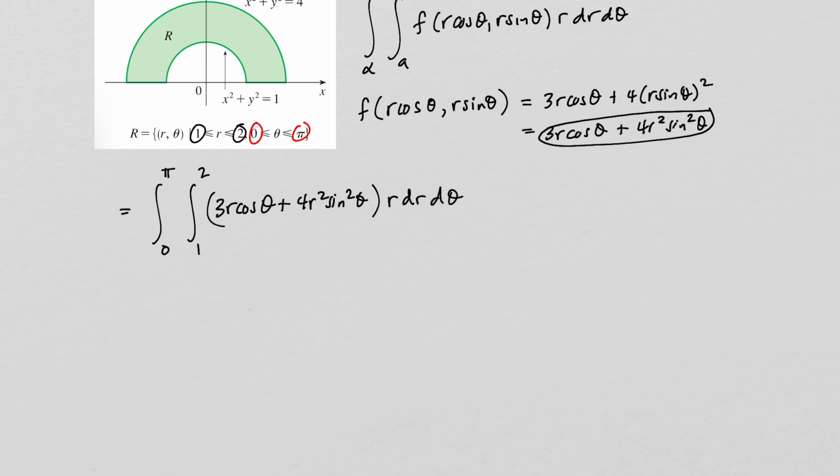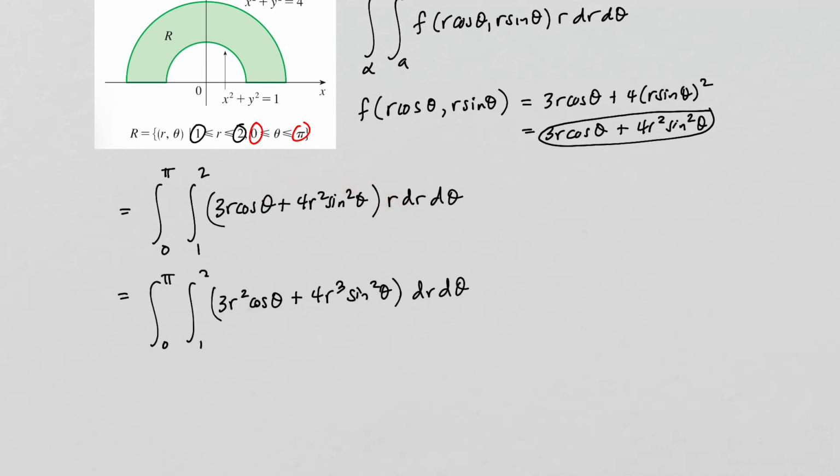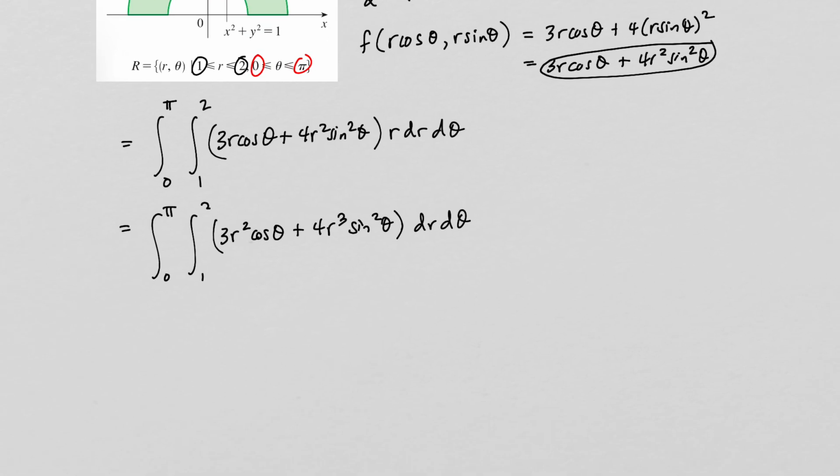So now, of course, we'll go ahead and multiply r to both of these. And so we get the following. Now we are going to take the integral first with respect to r, which means we are only integrating the variable r. Everything else can be considered to be a constant. So the integral from 0 to pi will be the next step.